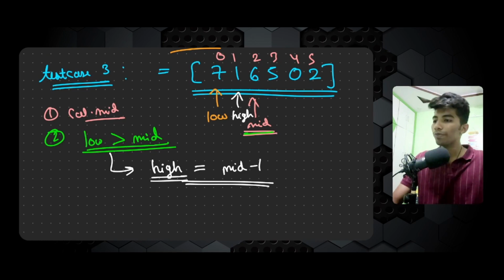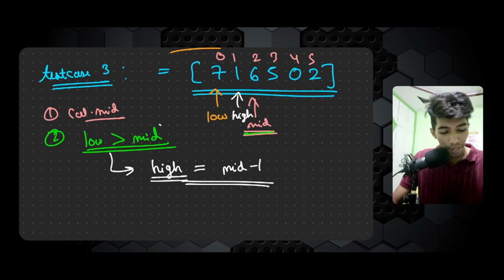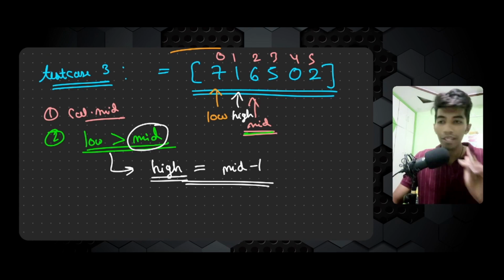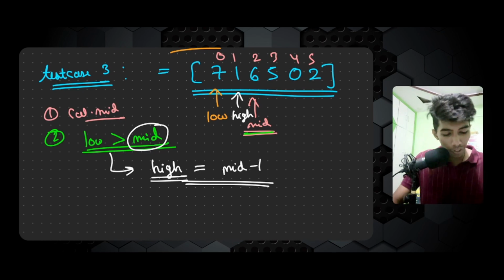Now we have just changed it, and we know that my mid is actually lesser than low. So it means that my array is not sorted here. So what I have to do, firstly in the minimum I will write the mid. Simple.